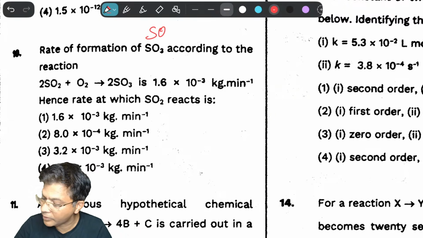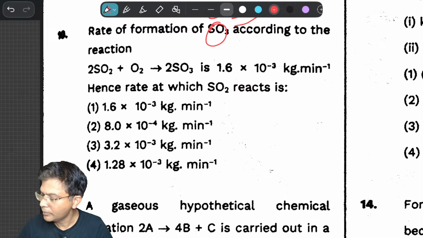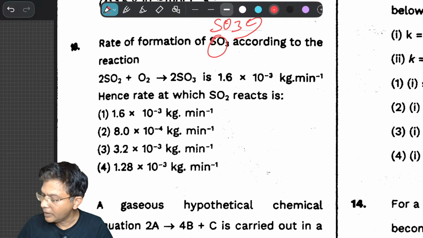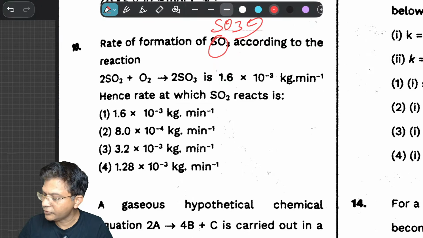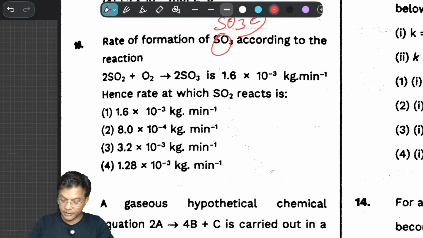They are asking about SO3, kids. This is your SO3, right? The rate of formation of SO3 is this. So SO2 will be, very good question, and you can simply solve it, kids.